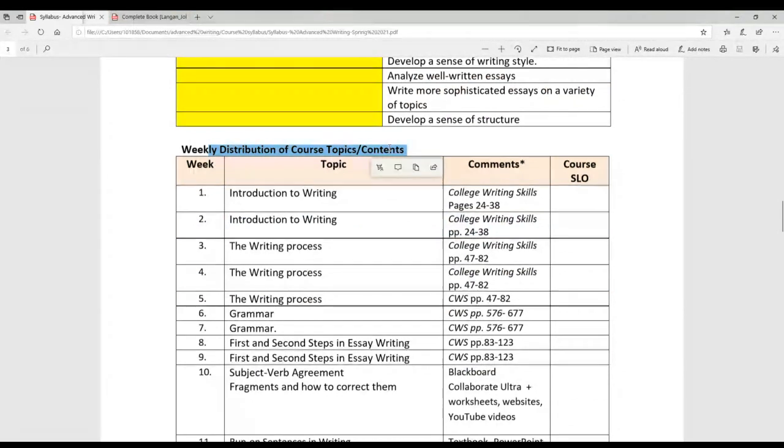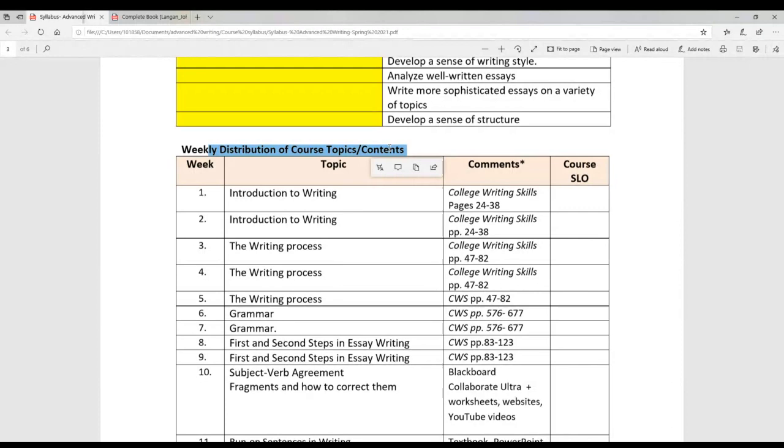Regarding the topics or the contents that we are going to cover, inshallah, during this semester, we will start with introduction to writing. You will have a general introduction about writing.